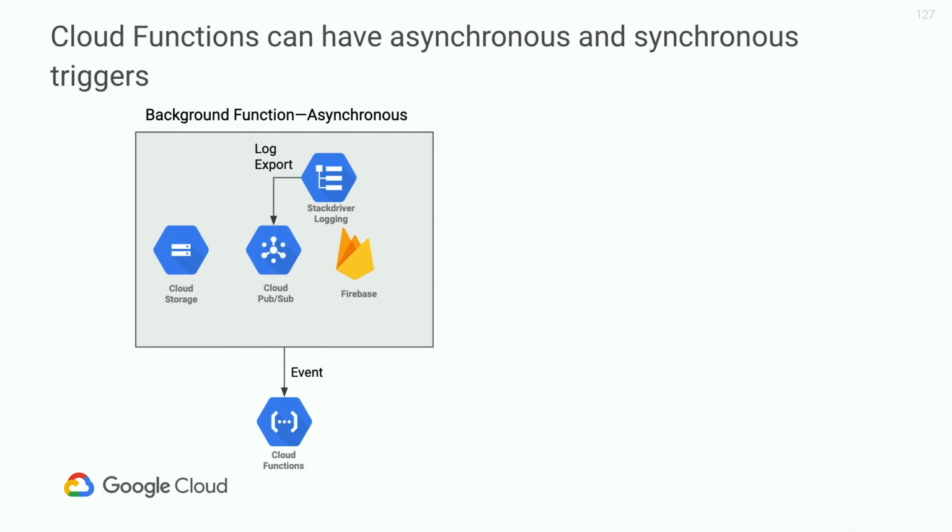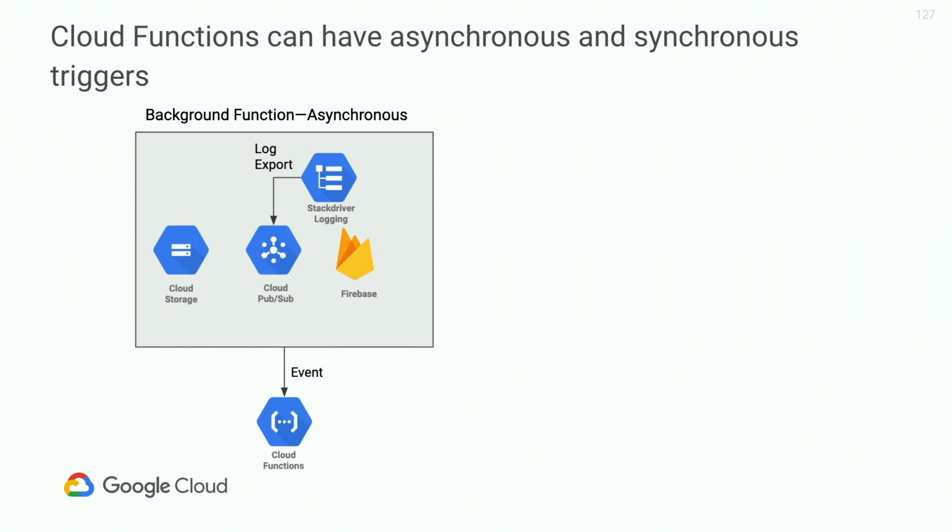Let's say you have Cloud Storage and you want to have a hook after there is an object create, object delete, or object update. You can do that by using a background function in Cloud Function, and it will attach to those events and then start the processing later on.